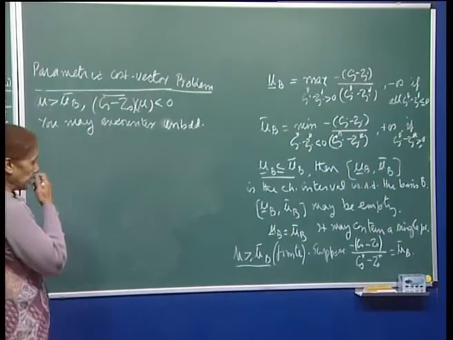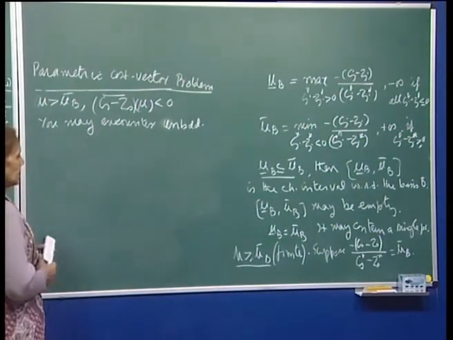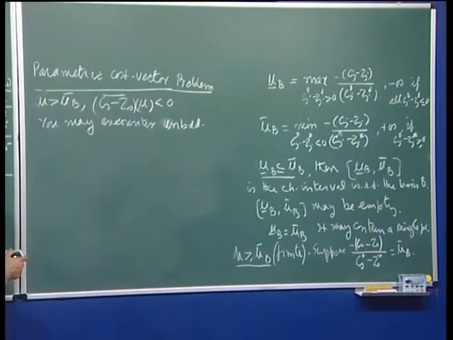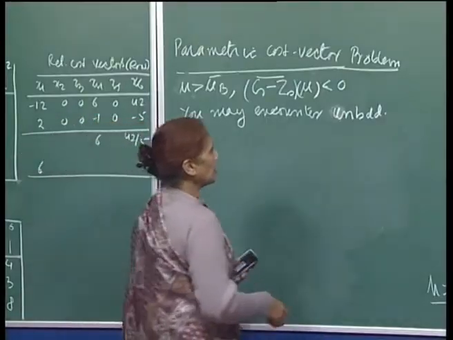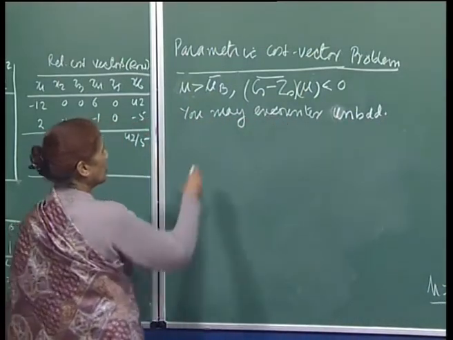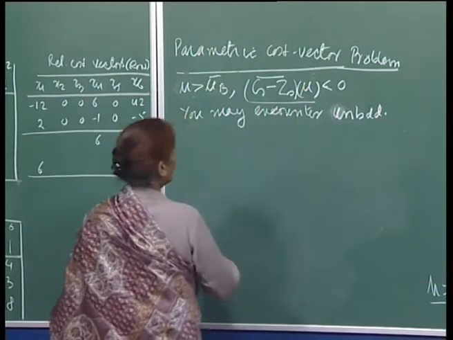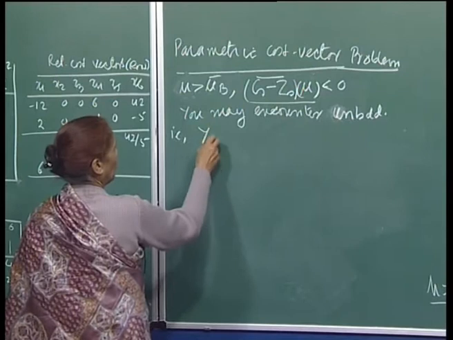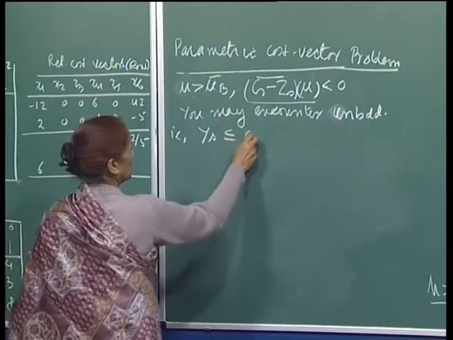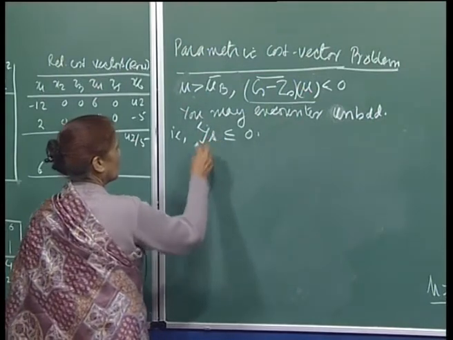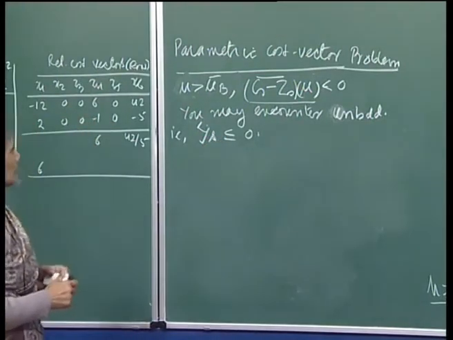Once you try to make xs a basic variable, then you may encounter unboundedness, which means that because this thing is anyway less than 0, your ys is less than or equal to 0.